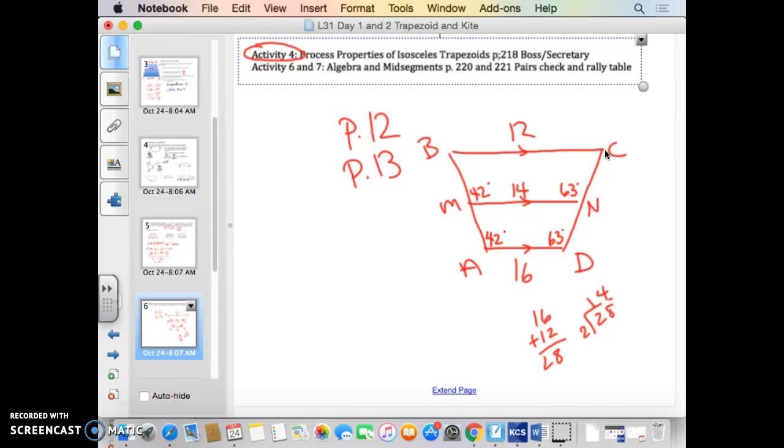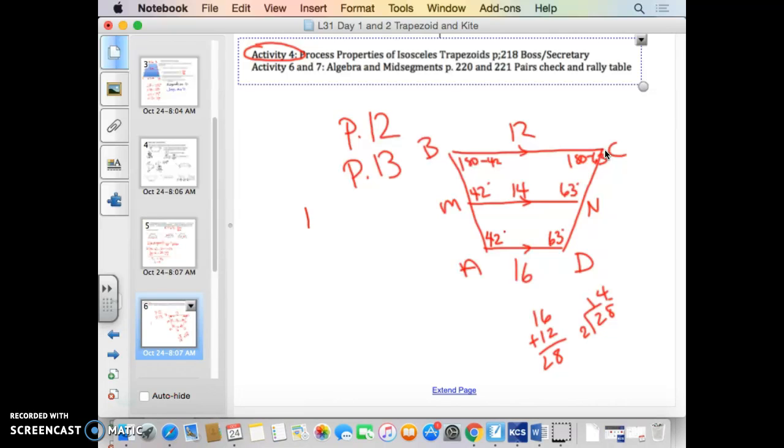These are same side interior angles. So this one is going to be 180 minus 42. Just so you know. And this one over here is going to be 180 minus 63. So this clearly is not an isosceles trapezoid, but you can in fact find the degree.